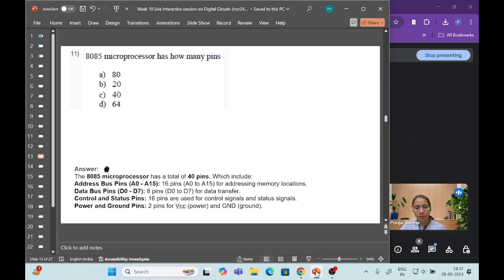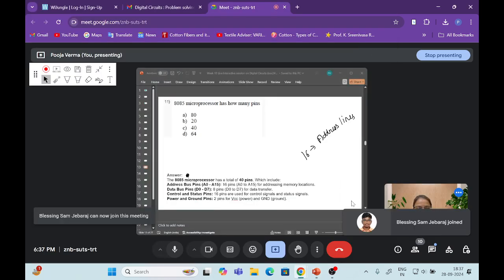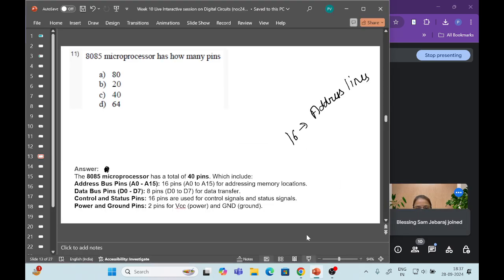The 40 pins are divided into address bus pins, that is A0 to A15, a total of 16 address lines. Next, the data bus lines, that is D0 to D7, for data transfer, so a total of 8 pins for data lines.